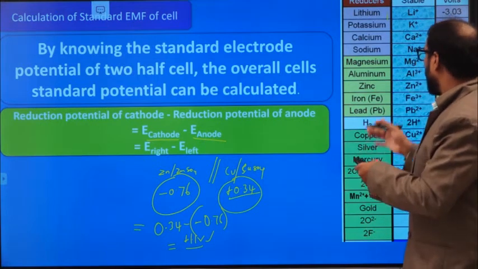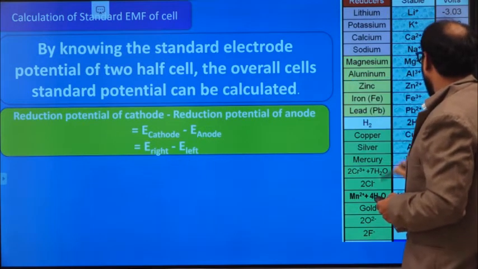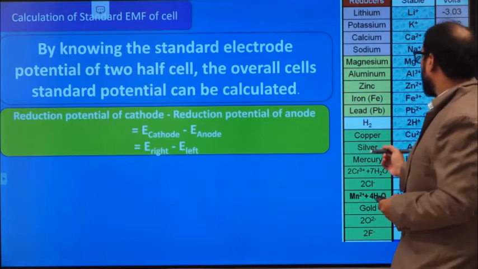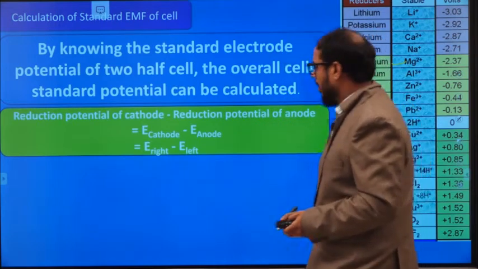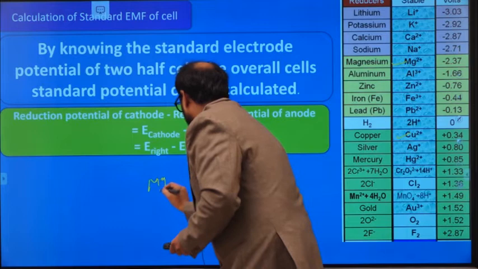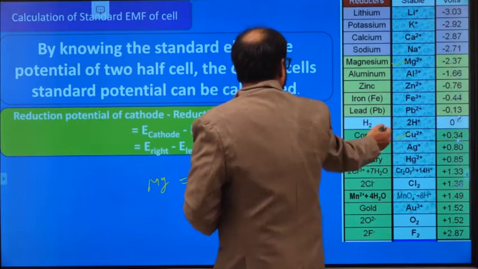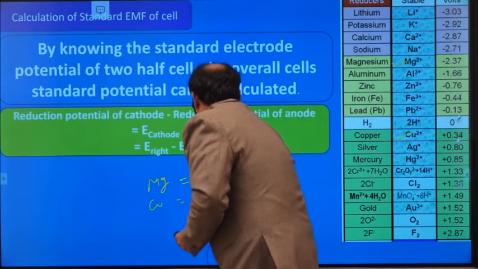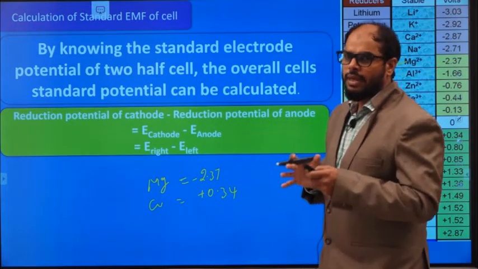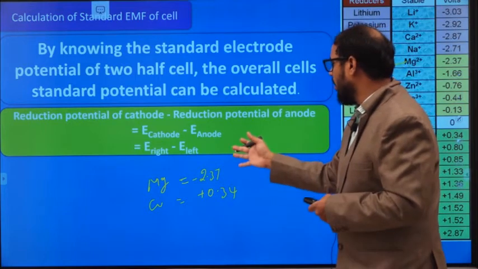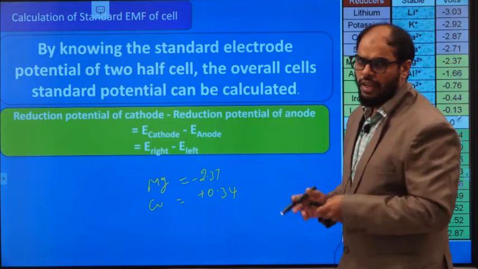So in this way we can find out the value for any electrode. Let us try to understand the galvanic cell between magnesium and copper. We know that the value for magnesium is minus 2.37. The value for copper is plus 0.34. If I would like to calculate the EMF for a galvanic cell made of magnesium and copper electrodes, then it is easy to find out the EMF of the reaction.